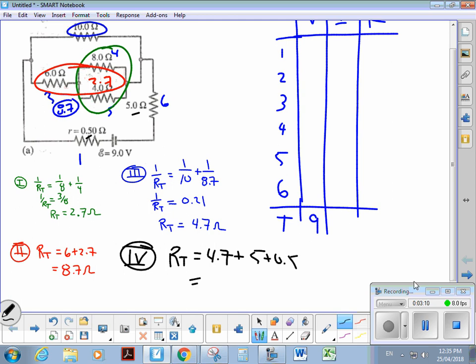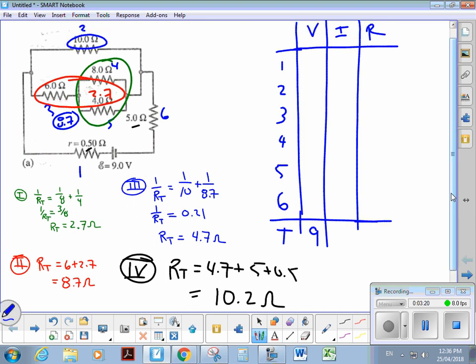Adding those together, plus the 5.5, we'll call it 10.2 ohms. That gives me total resistance here. So 10.2 ohms, 9 volts, V equals IR. So 9 divided by the 10.2. My current is 0.88 amps.